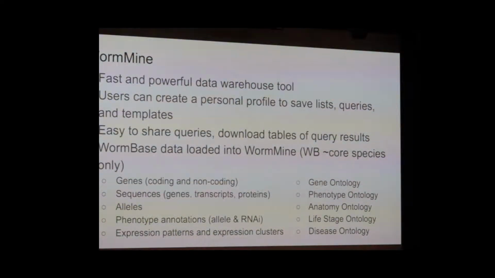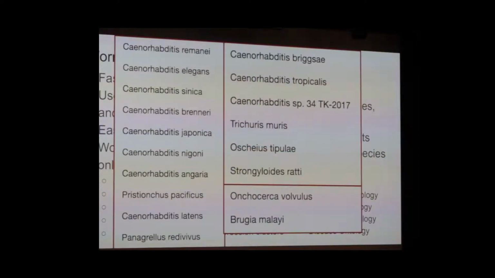We have sequences for genes, transcripts, and proteins, alleles, phenotype annotations pertaining to allele and RNAi perturbations, expression patterns and expression clusters, and then we have all of these ontologies loaded, including the gene ontology, the phenotype, anatomy, life stage, and disease ontologies. And there's a lot of powerful querying you can do with those ontologies to help you find the information you're looking for.